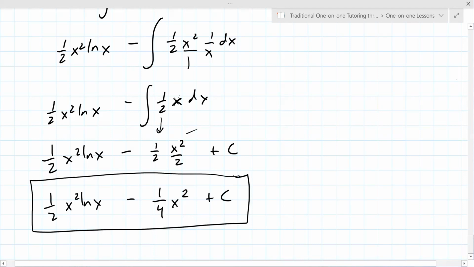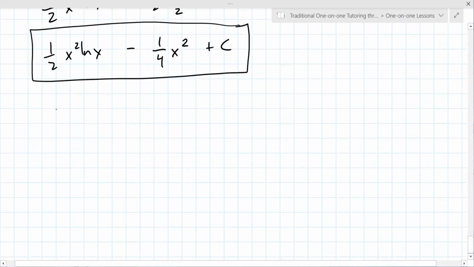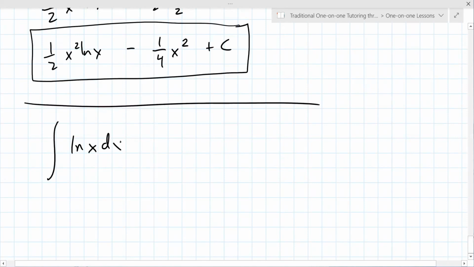So we'll do another one like this. The integral of natural log of x dx. This is a classic exam question.